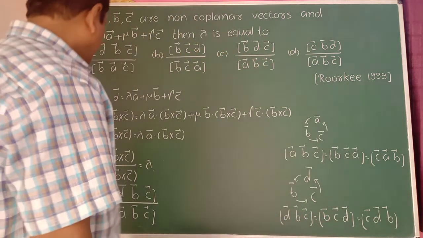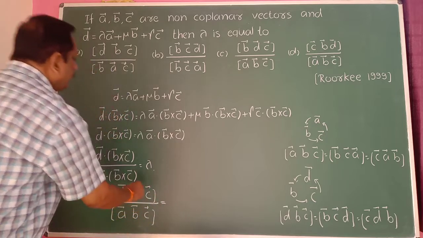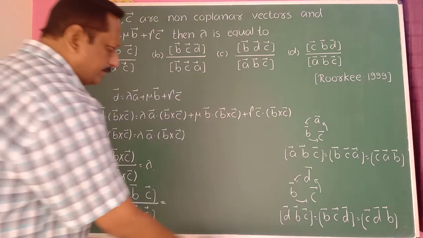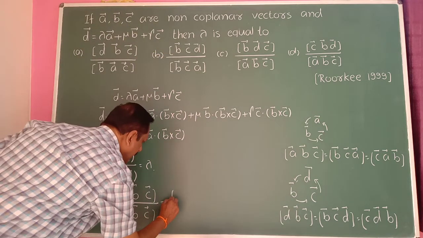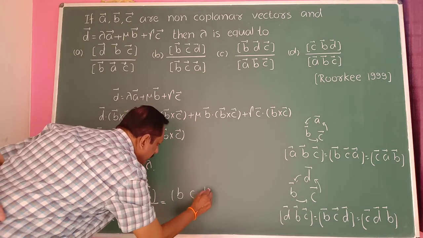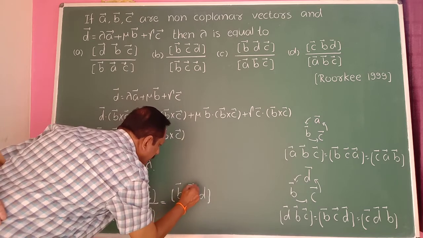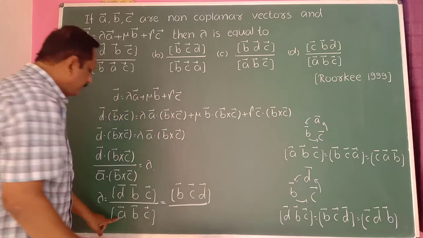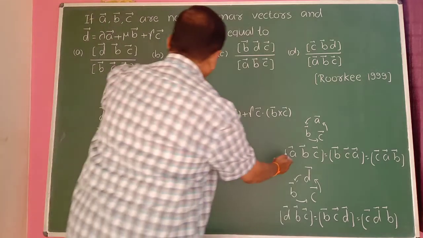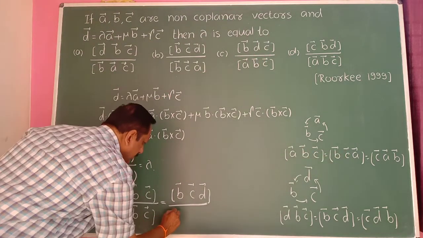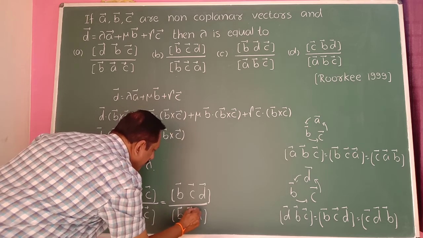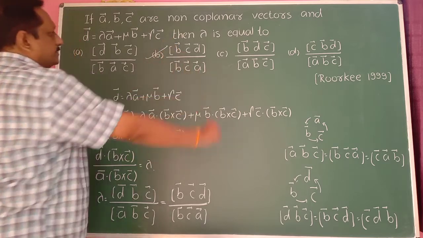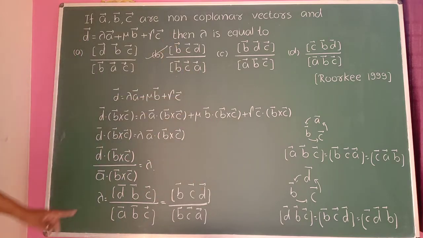Therefore, DBC is nothing but BCD, so write here BCD divided by ABC, and ABC is equal to BCA. Therefore, your second option is the correct one here: BCD divided by BCA.